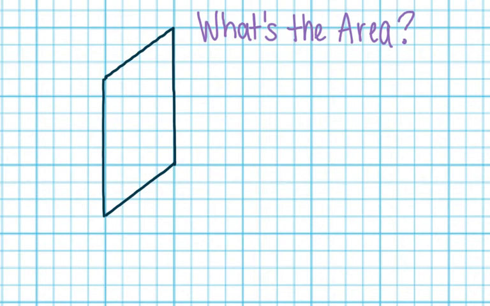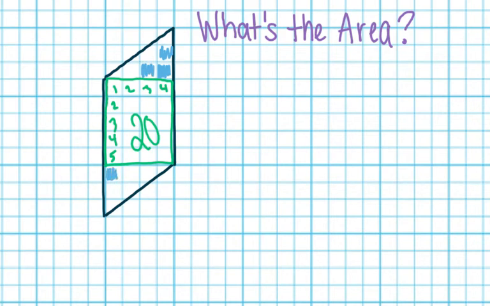So finding the area of this would be a little bit tricky. We could break this up a little bit and make it a rectangle. We could count the squares, and in this rectangle I have 1, 2, 3, 4, 1, 2, 3, 4, 5. 4 times 5 is a total of 20. And then I'd have to work with the other pieces, 1, 2, 3, 4, 5, 6.